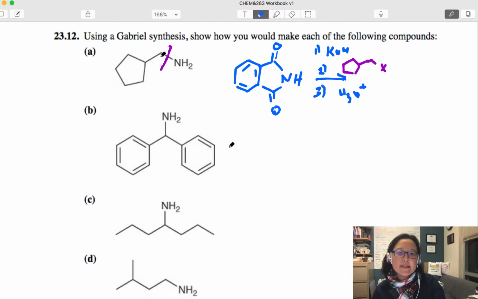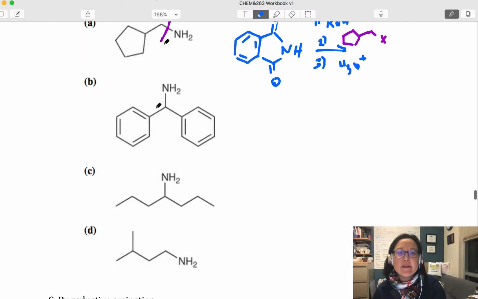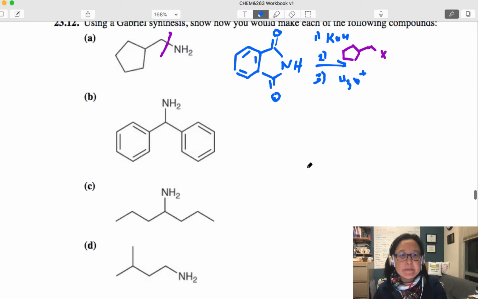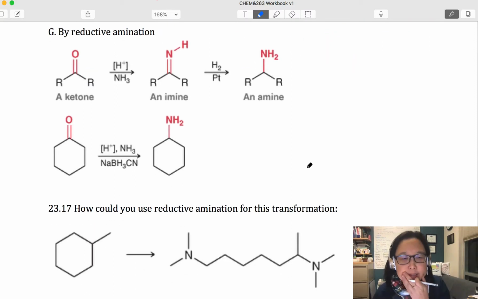All right, so practice going through that, and notice all of these are primary amines. So it's a great way of making primary amines. Now, another way you can make amines is by using an imine or an enamine. So we have an imine here, and you can reduce the imine using hydrogen and platinum.